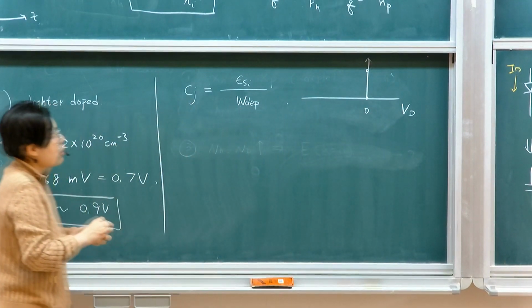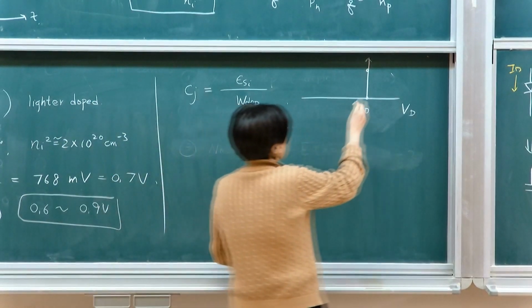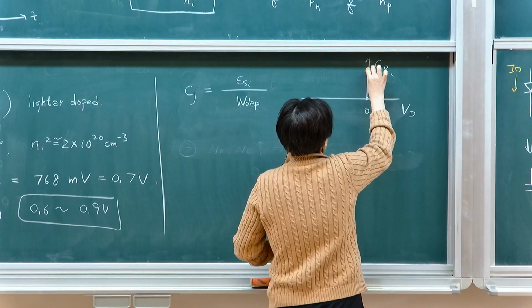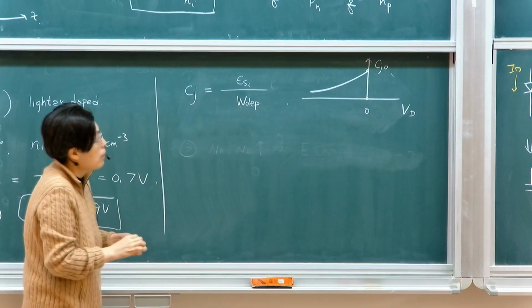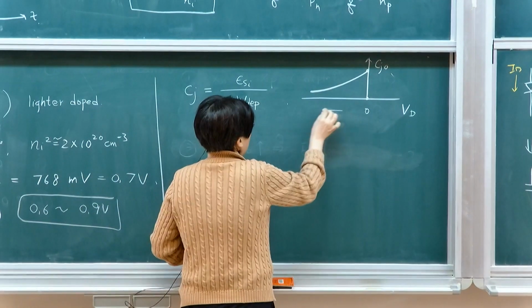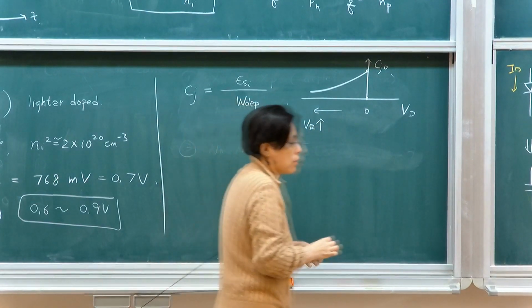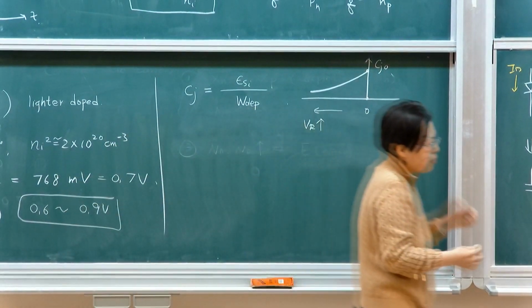At 0, if I'm considering only the reverse bias side, I will actually have the highest capacitance, which is referred to as CJ0. It's at equilibrium, and it will start to decay as VR increases, as reverse bias increases. Okay?